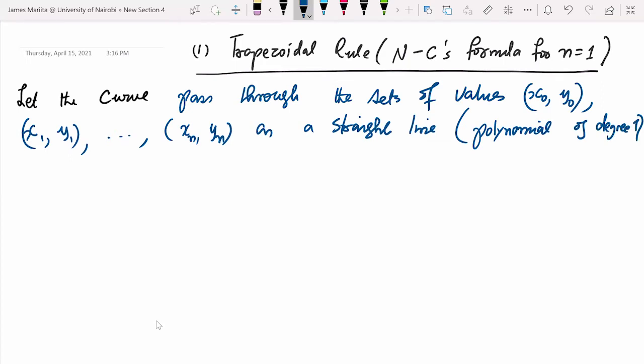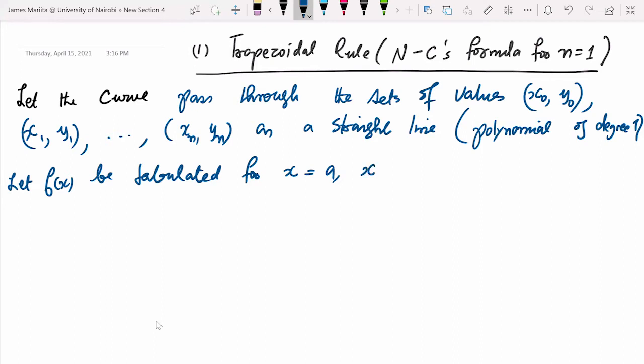That's what it means. Let again f of x be tabulated for x is equals to a, x is equals to a plus h, up to x is equals to a plus n minus 1 h, and finally up to x is equals to a plus n h is equals to b, respectively.